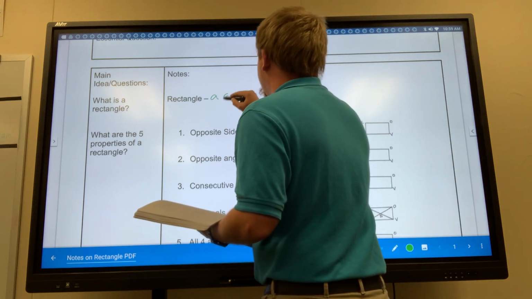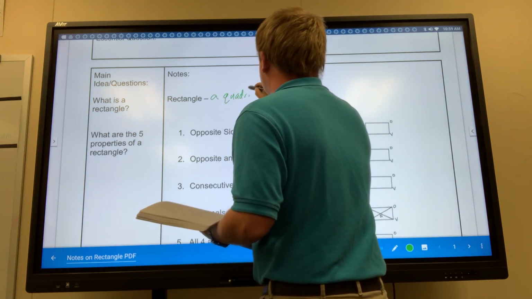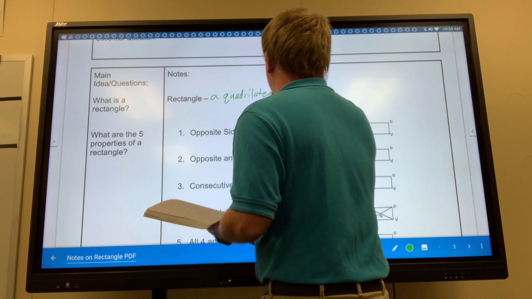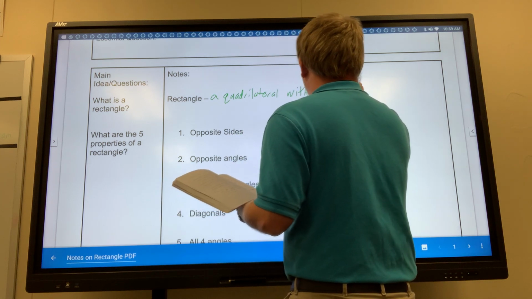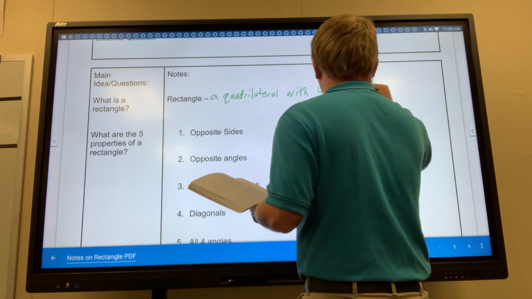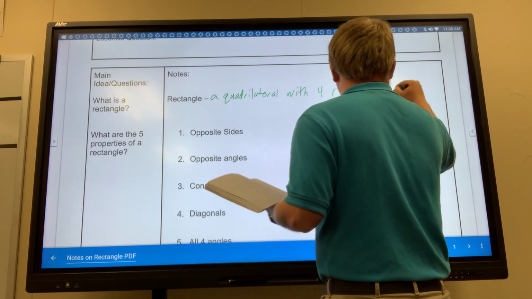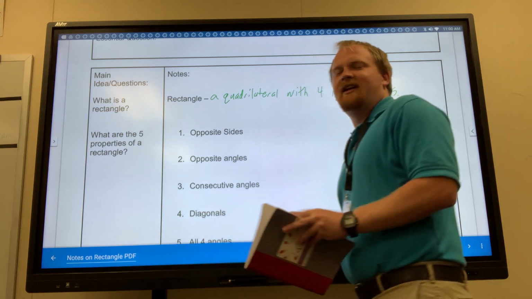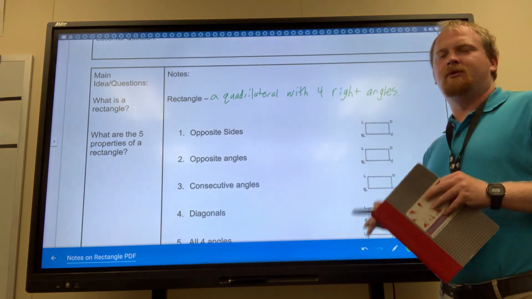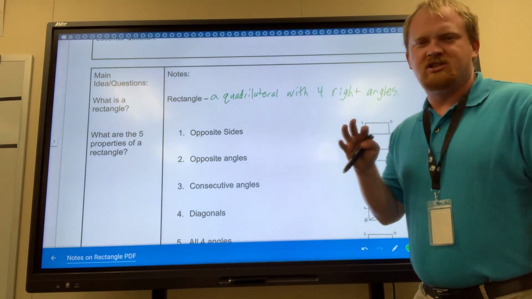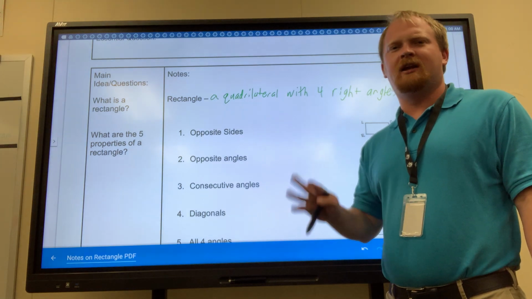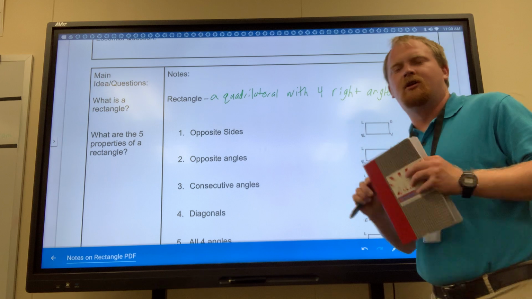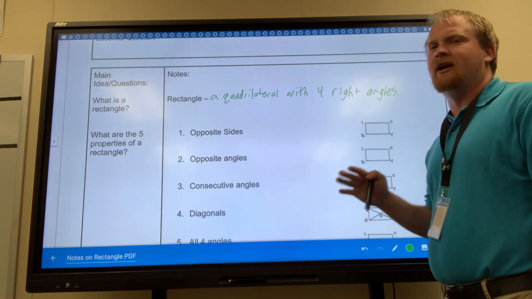It's a quadrilateral with 4 right angles. That is the most basic definition of a rectangle there is. It just has to have 4 right angles. That's it. That's all a rectangle has to be.